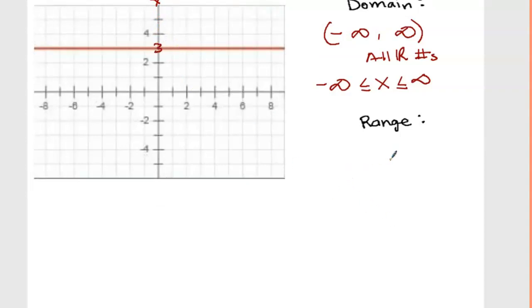So here, all that we can say is that it's just covering only 3. So 3 here is just inclusive. In other words, it's just the number 3. So here we can write it as y equals what? 3. That's how we can write it.